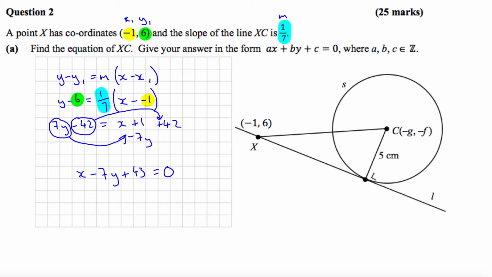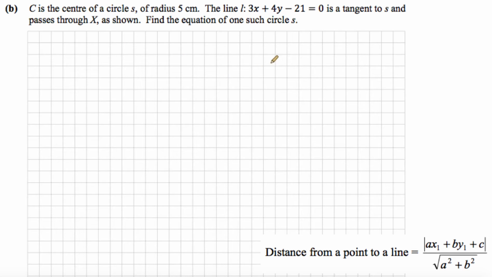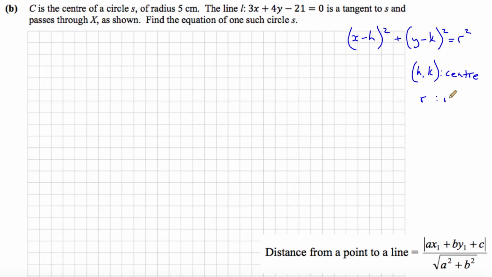Okay. So we know the equation of a circle is (x - h)^2 + (y - k)^2 = r^2. That's when (h, k) is the center and r is the radius.